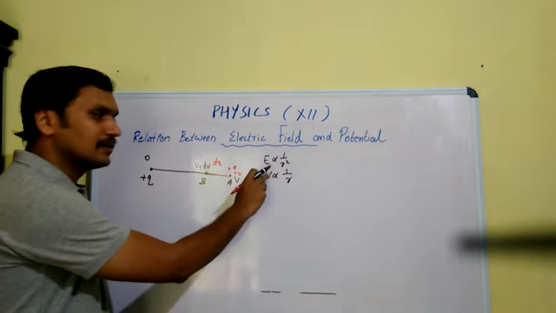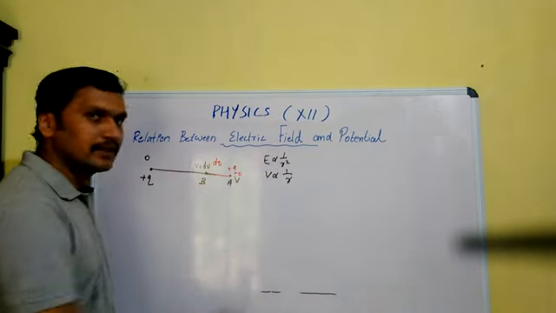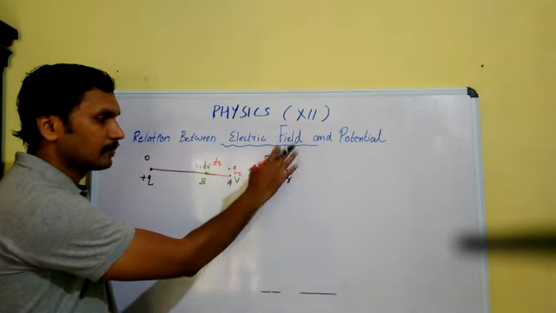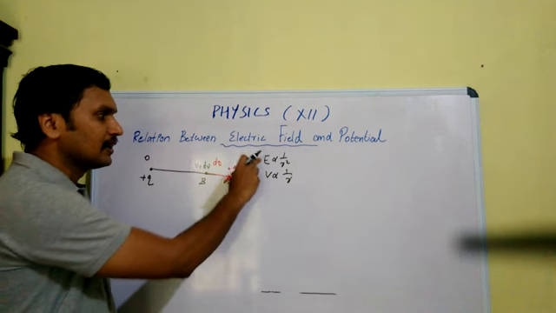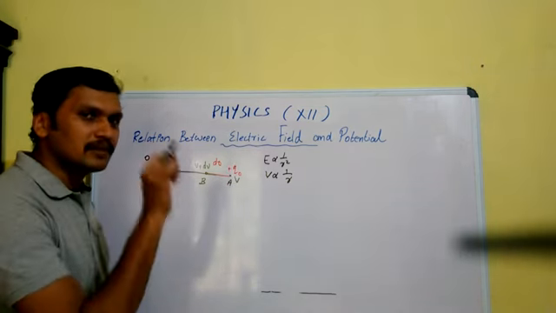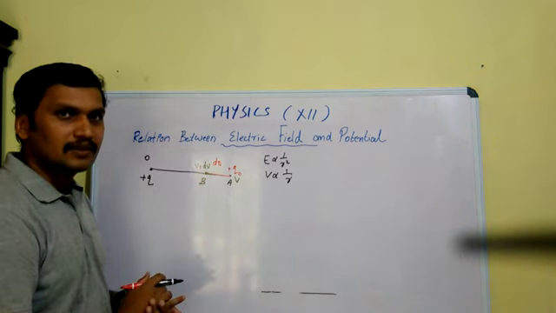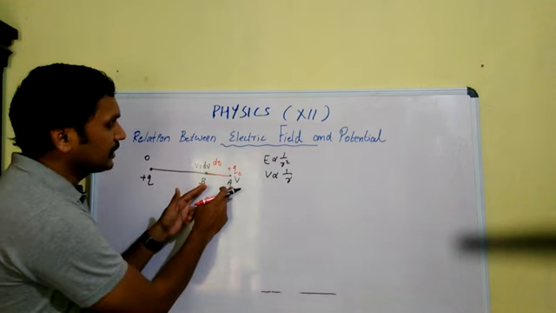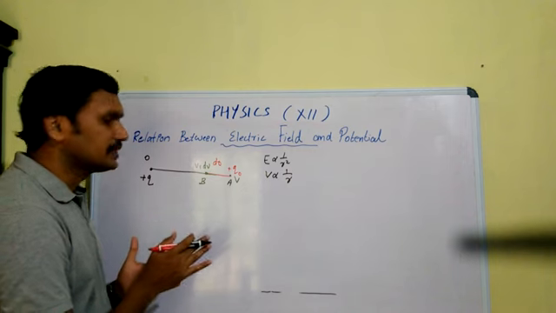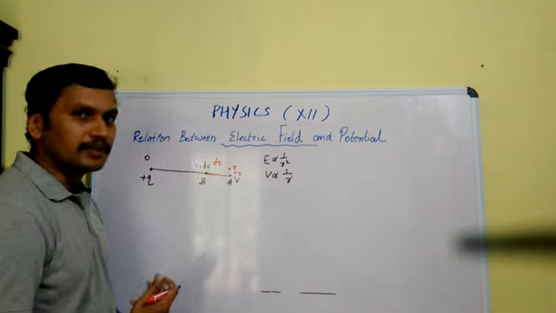The change in electric field is very small, whereas the change in potential is considerable. So we take the electric field at A and B as almost the same, whereas the potential difference between A and B is dV.